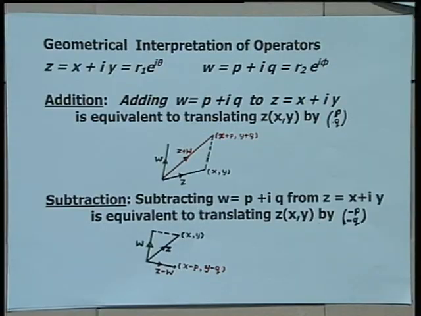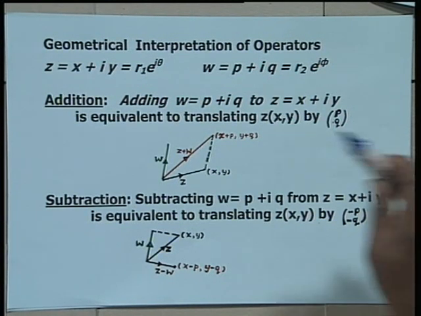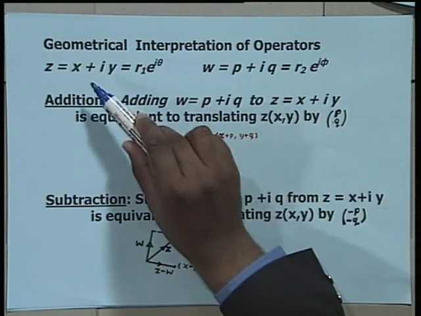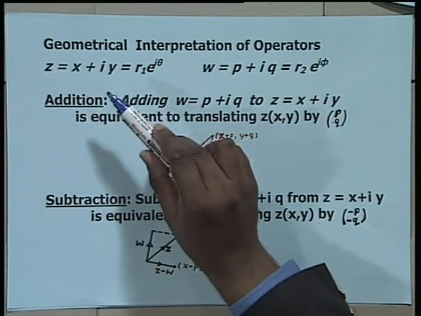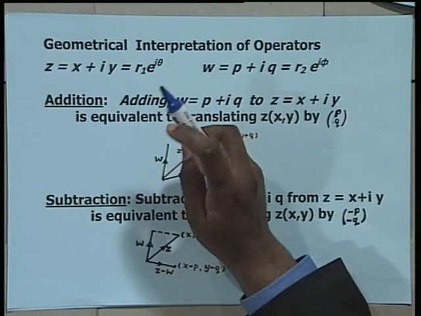Now, it is also very useful to remember the geometrical interpretations of the operations. What does addition of complex numbers mean? Addition of complex numbers is equivalent to a translation. That is, adding w to z is equivalent to translating z by p plus iq.